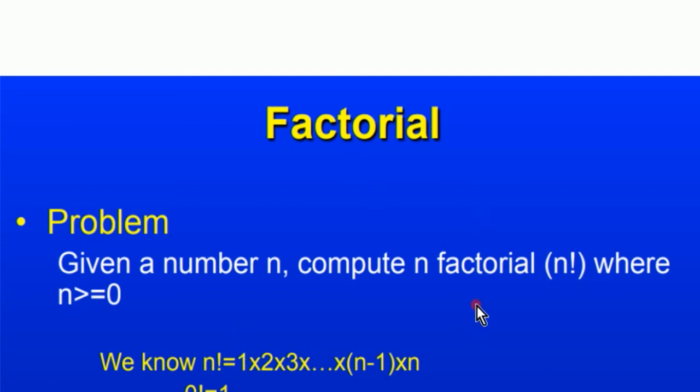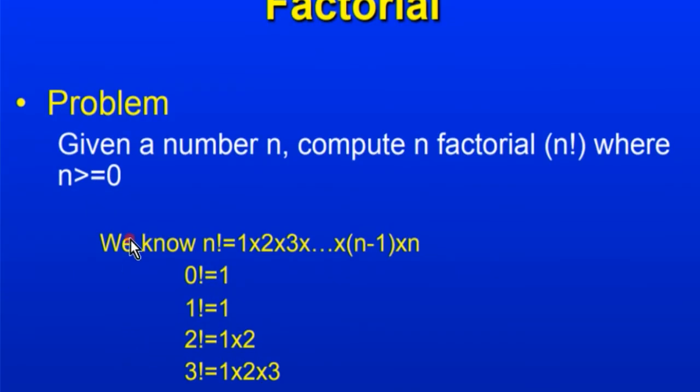Problem: given a number n, compute its factorial, represented as n!, where n is greater than or equal to 0. If n is 0, the factorial is 1.